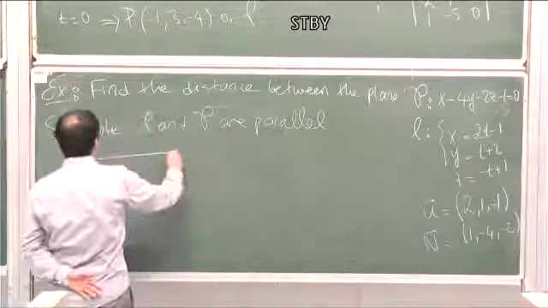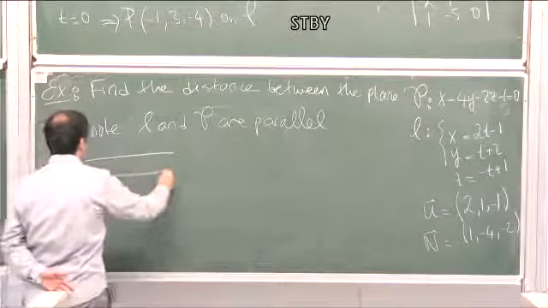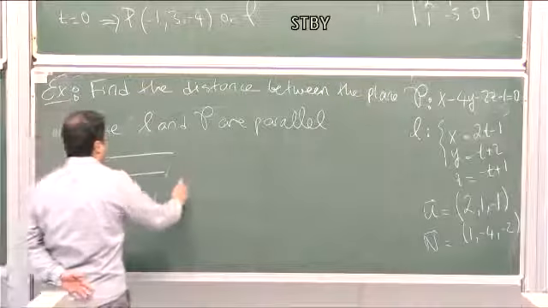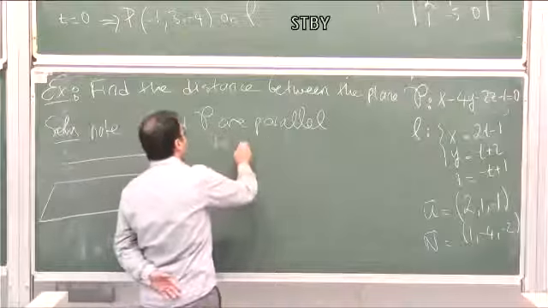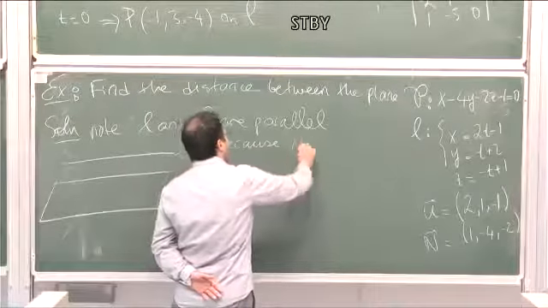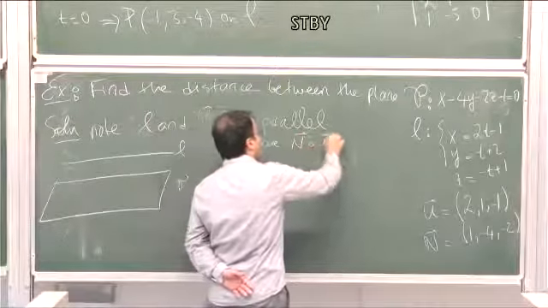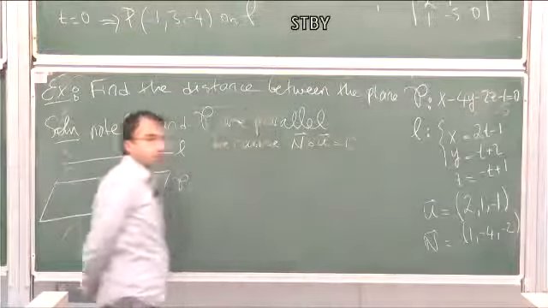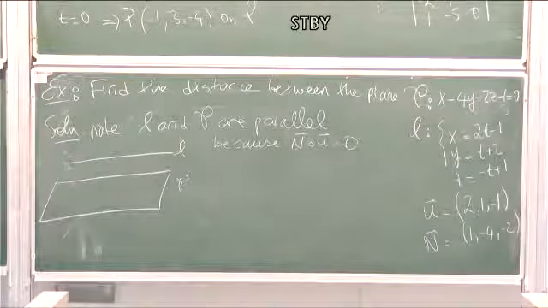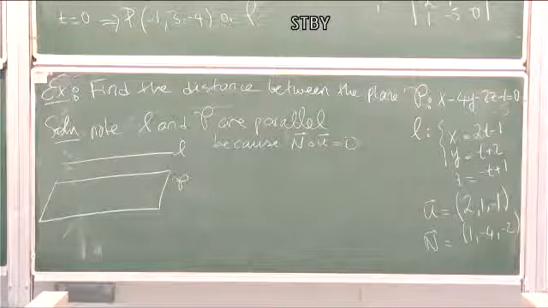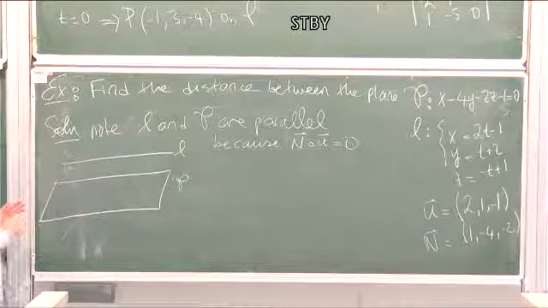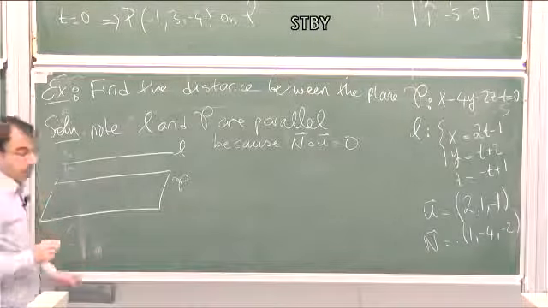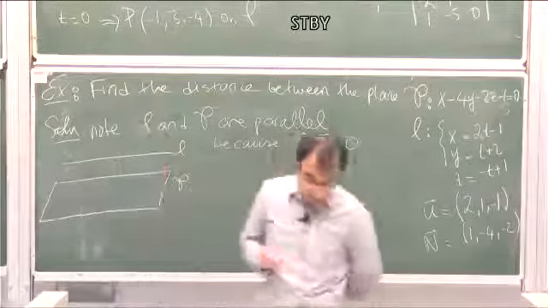So the picture is like that: P is like that, L is like that, and this is because, again, n dot u is 0. Just like we had at the beginning of this lecture. Okay. All right. So we can talk about the distance between P and L.